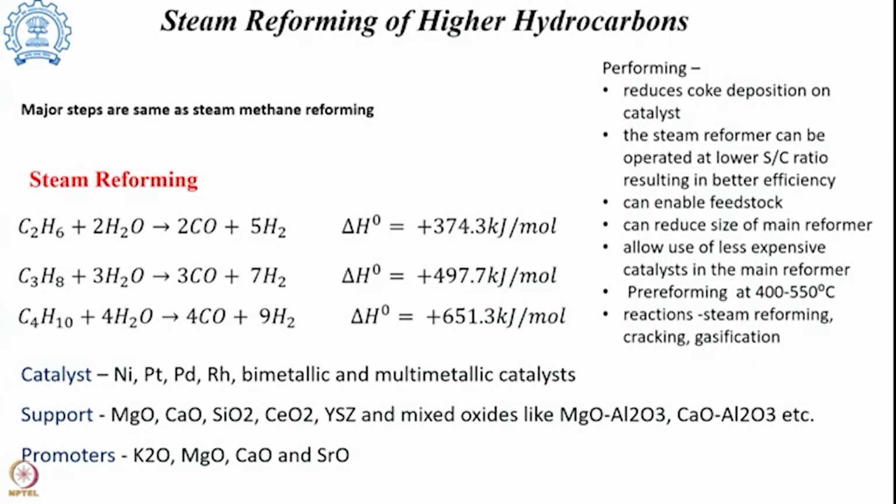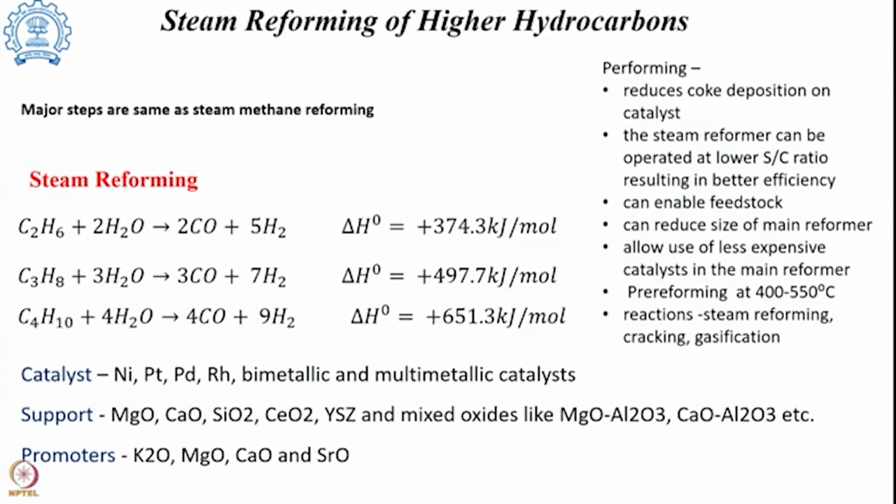It can also enable a variety of feedstock to be used for the reforming process. By the use of a pre-reformer prior to the primary reformer, since the higher hydrocarbons are being reduced, at the same time the temperature of the process can be reduced, as such a less expensive catalyst can be used in the main reformer.